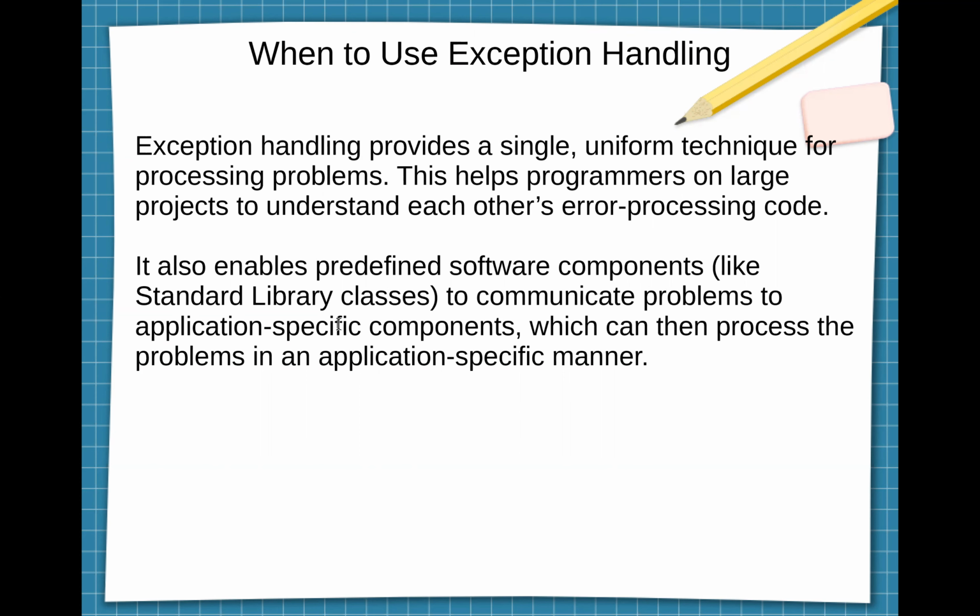Now, it also enables predefined software components, like the standard library classes, to communicate problems to application-specific components. And then they can process the problems in an application-specific manner. So it's very specialized in this case, right?